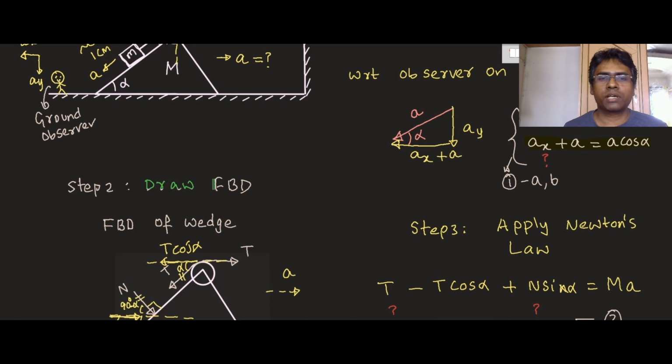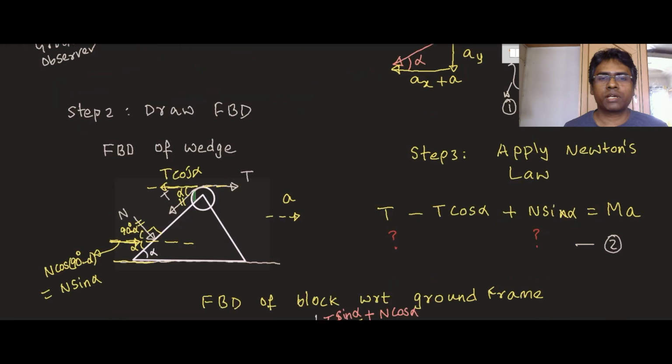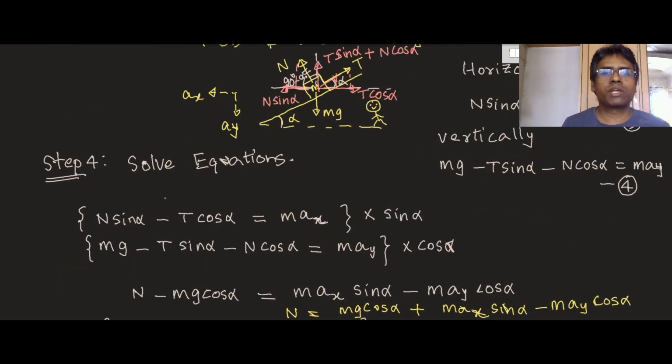If you don't show the relevant forces, then the steps after that will not fetch you the correct result. So make sure you practice drawing the free body diagrams correctly and then carefully apply Newton's second law. The final fourth step is to solve the equations that you obtain.